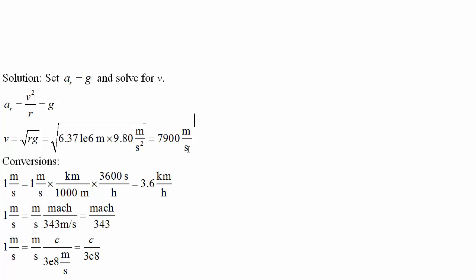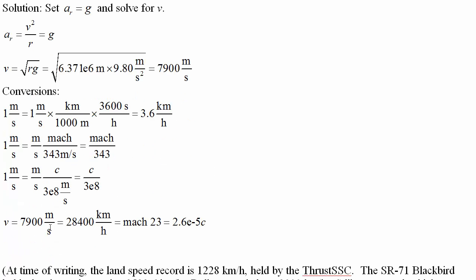Multiplying these conversion factors by our meter per second here, we can say the velocity that you need to be traveling is 7,900 meters a second, or 28,000 kilometers an hour, or Mach 23, or 2.6e-5 c. So Mach 23 would be an insanely fast speed. This means that you would be orbiting the Earth at its surface.